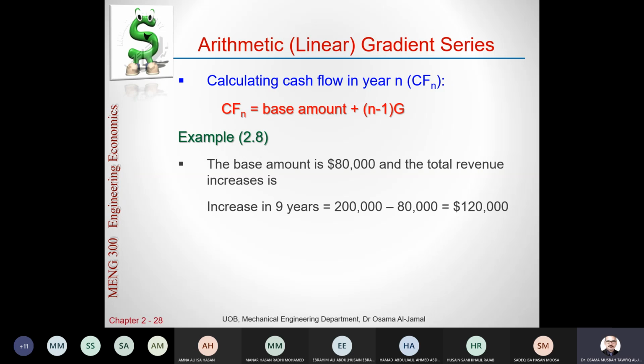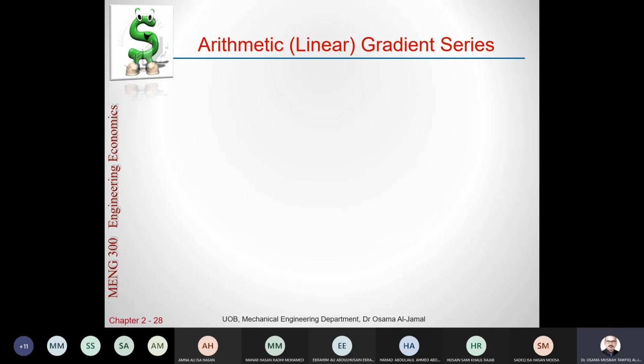The base amount is 80,000 and the total revenue increases in year 9 to 200,000. Increase in 9 years.